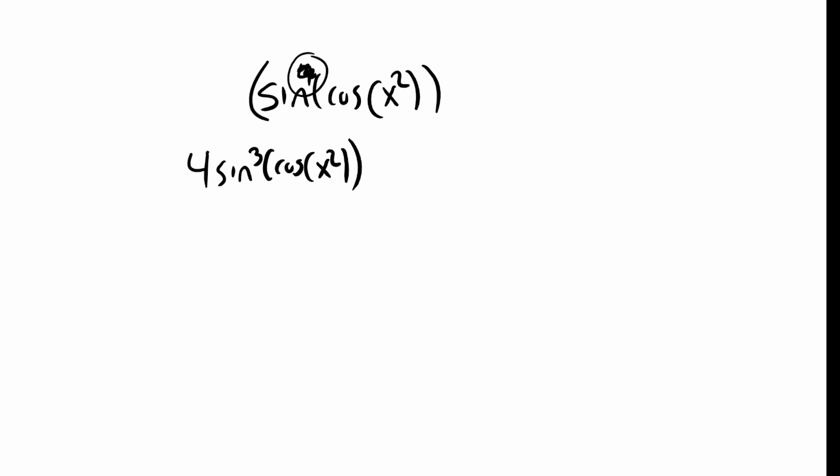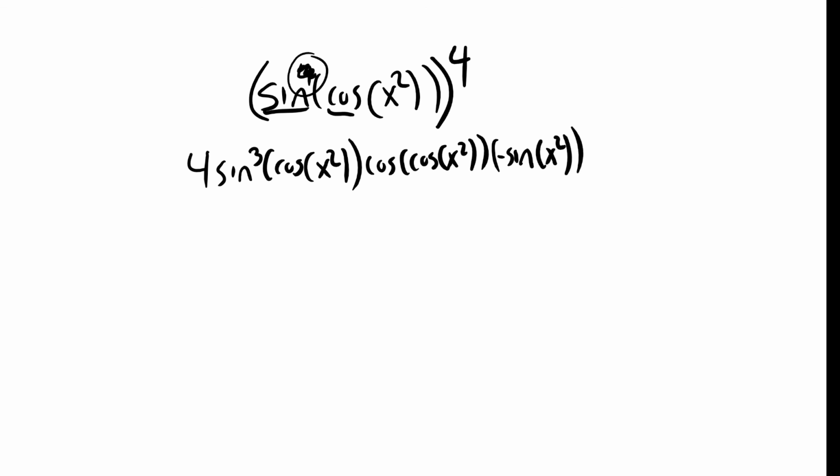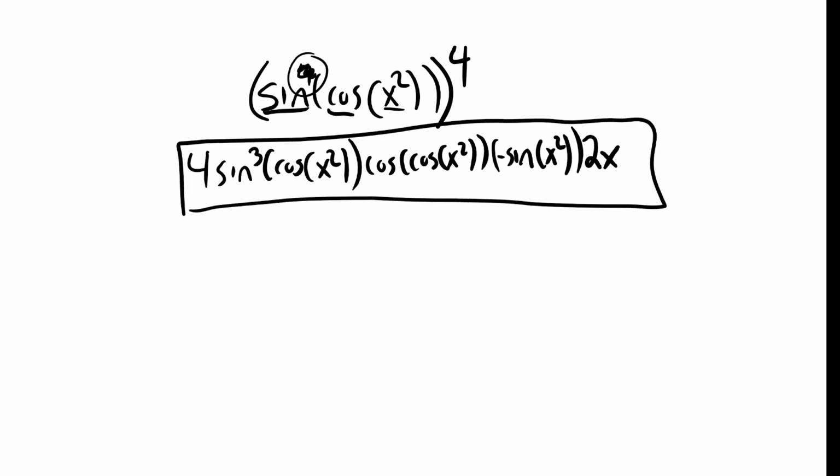Remember, you can always rewrite this as this whole thing to the 4th, which kind of tips you off that you're going to have a crap ton of chains here. Our next chain is of sine, so we get cosine of x squared. Our next chain is of cosine, so that's negative sine of x squared. And our last chain is of x squared, that's 2x, and that be the answer.